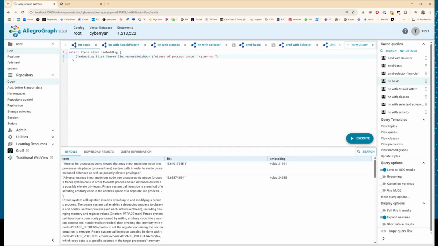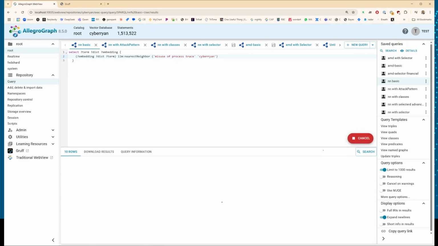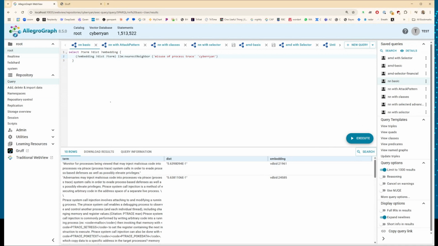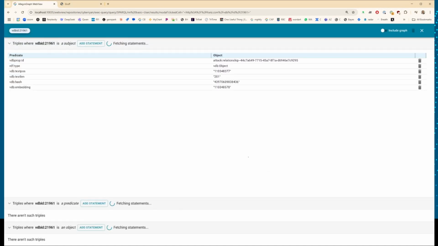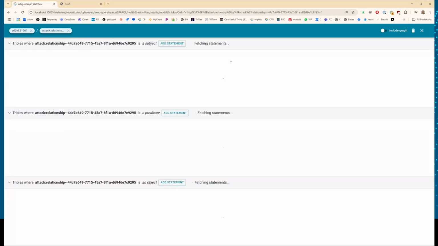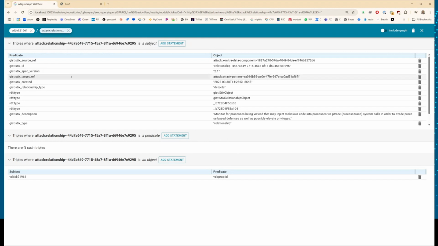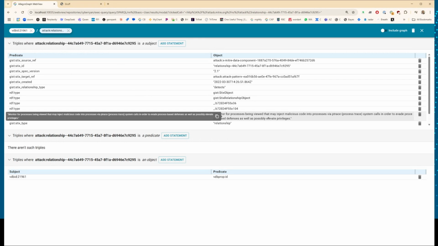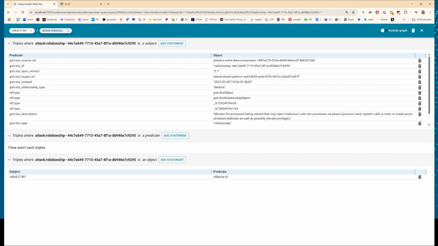So I find the terms that are the closest, and you see here the semantic distance, and you see the embedding. Now, if I click on this embedding, you see that it's related to an object that Ryan showed. This object is a STIX object, and the text is: monitor for process being viewed that might inject malicious code into processes via p-trace or process trace. So that is the simplest.